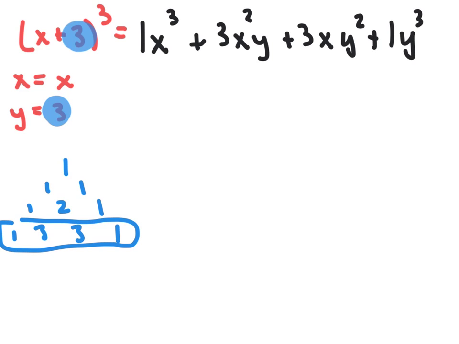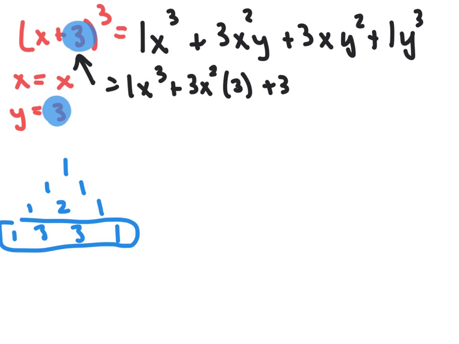Now, the next thing we have to do, that isn't our answer because remember, there isn't a y there, it's a 3. So wherever we see a y value, we're going to plug in, in brackets, a 3. So I'm going to plug in a 3 here. And then I'm going to do 3x and a 3 squared there, and a 1 times a 3 cubed there. And then I just do the math.